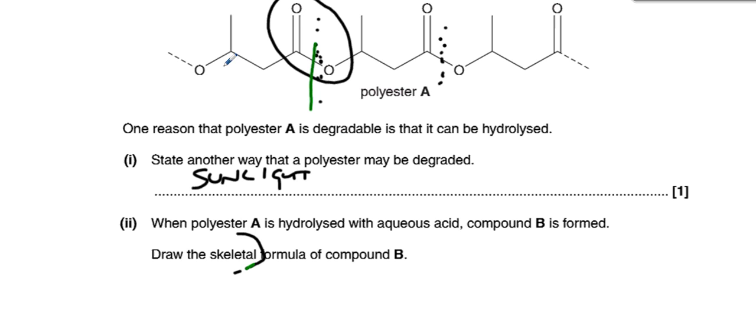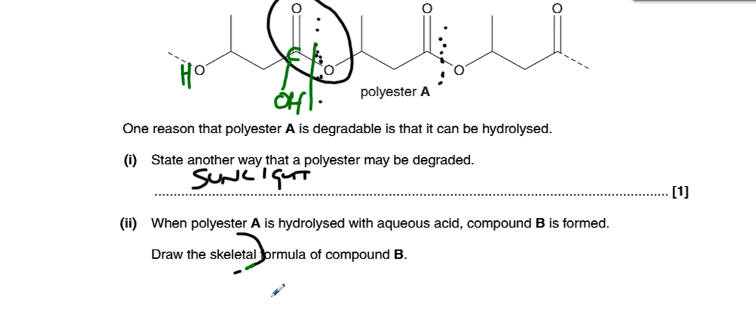This end used to be, because it's not next to C double bond O, the alcohol, so I'm going to put an H on there, and at this end I've got this C here joined to the double bond O. This part used to be the carboxylic acid end and has an OH on it once you split that bond.